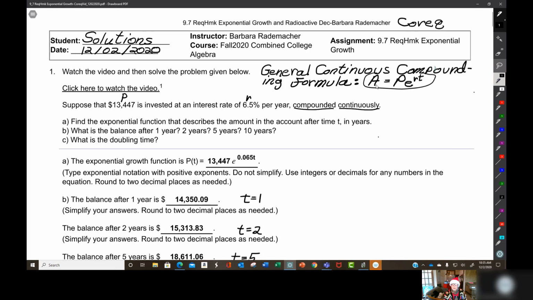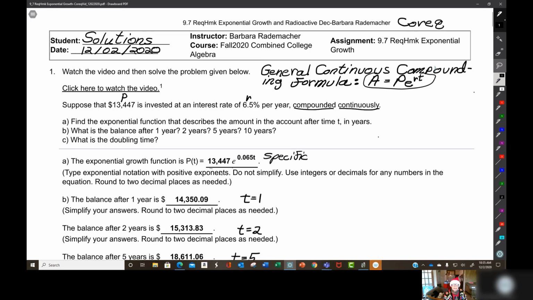This is called the general continuous compounding formula, and from it, we're going to put facts in that make it a specific continuous compounding formula that is specific to this problem.